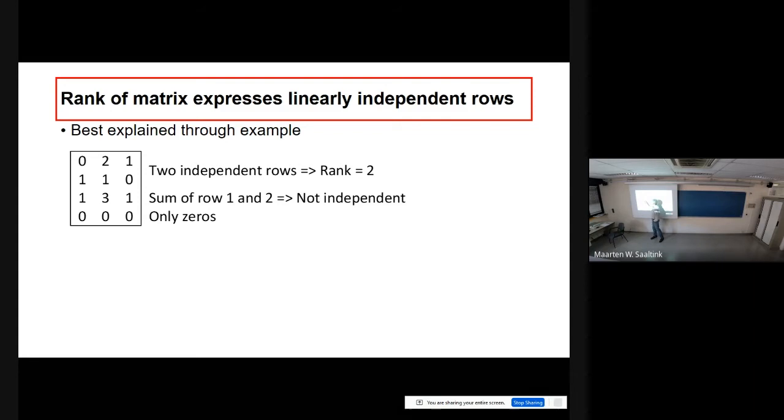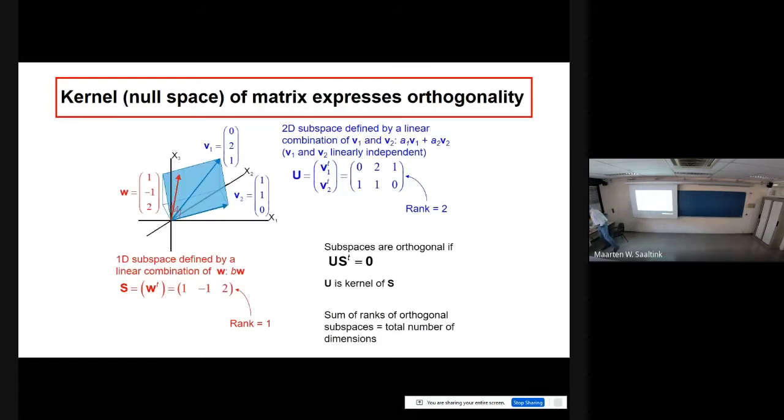This means that it is not another independent row. And if we have only zeros, this doesn't count either. So the rank of this particular matrix is 2, because we have 2 independent rows.